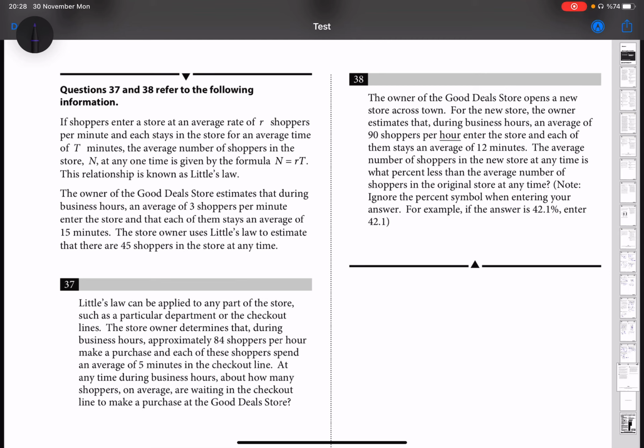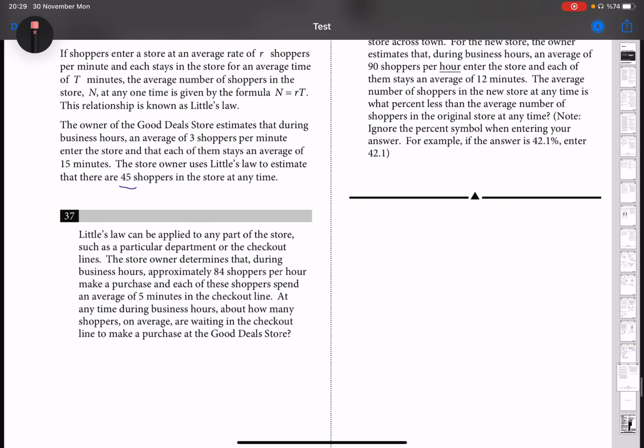The owner of the Good Deal store estimates that during business hours, an average of 3 shoppers per minute enter the store and that each of them stays an average of 15 minutes. The store owner uses Little's Law to estimate that there are 45 shoppers in the store at any time. Okay, that's a long question.